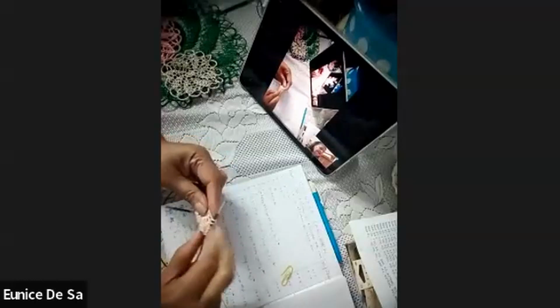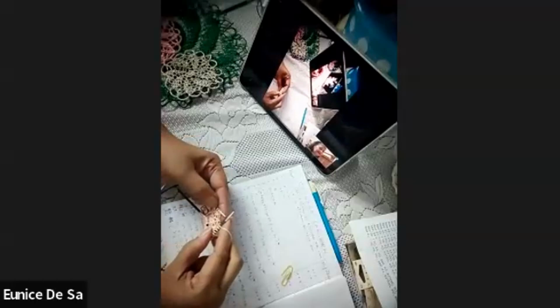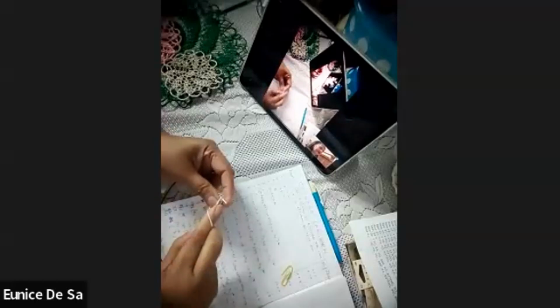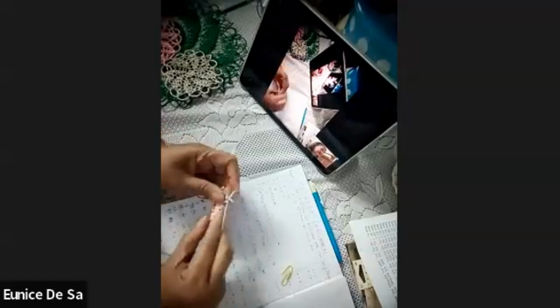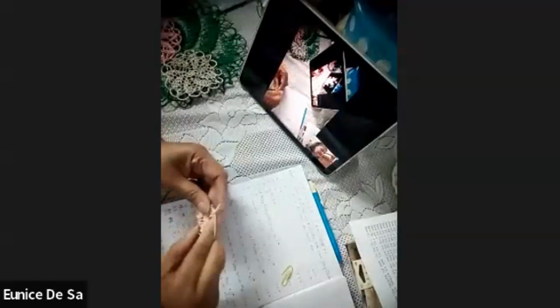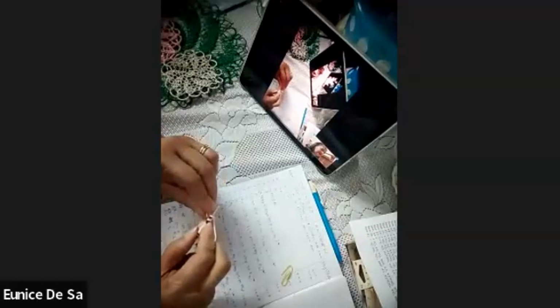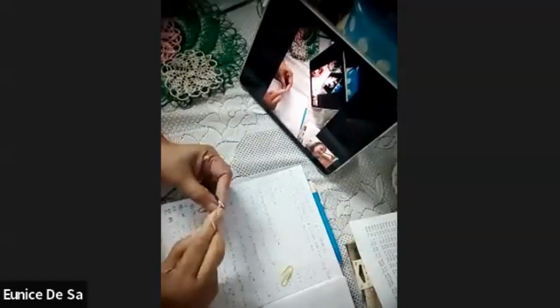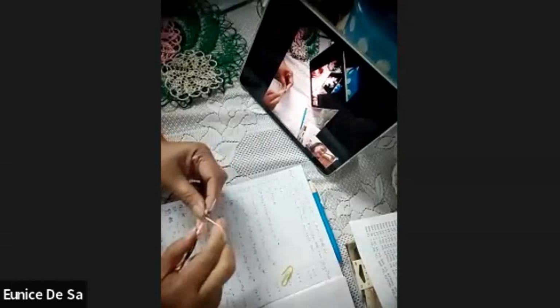So the 3rd segment is done. 6 stitches are left, so I know I'm on the right track. Yarn over, knit 2 together. Yarn over, knit 1. Yarn over, skip 1, knit 1, pass over. Pass the slip stitch over the knitted stitch. Then yarn over, knit 1.